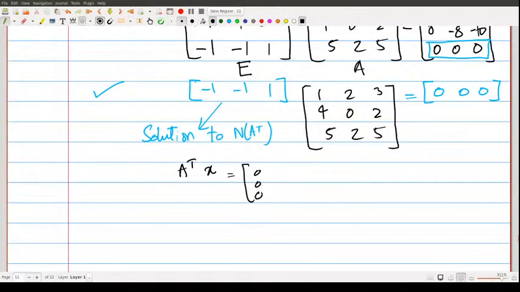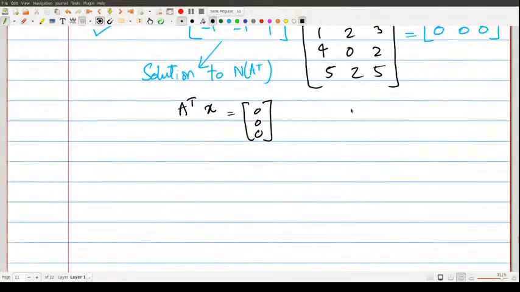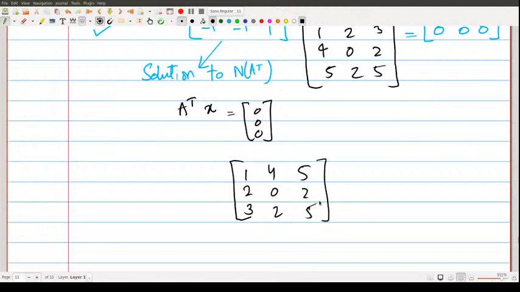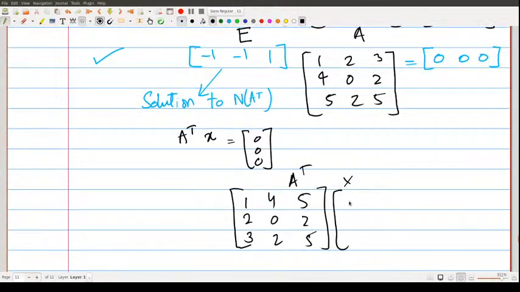We can check this by transposing this. So this is 1, 2, 3, 4, 0, 2, 5, 2, 5. And if I now do, so this is A transpose, and the X that I wanted was minus 1, minus 1, 1. And you can check that the solution is 0.